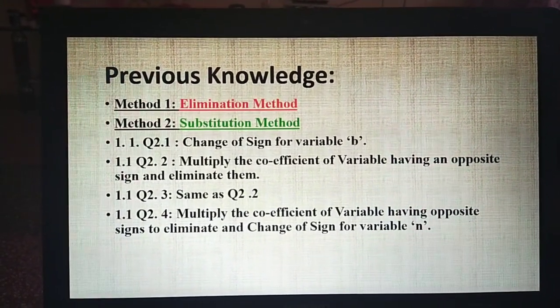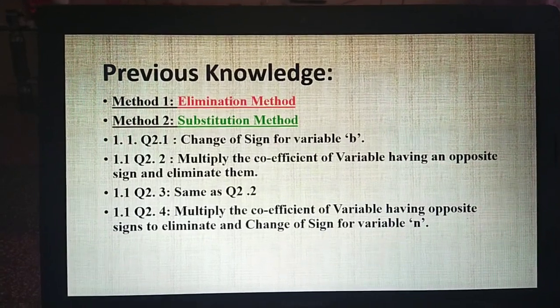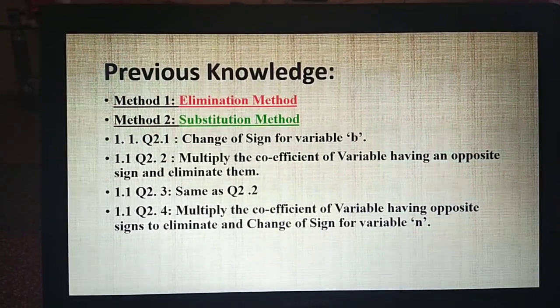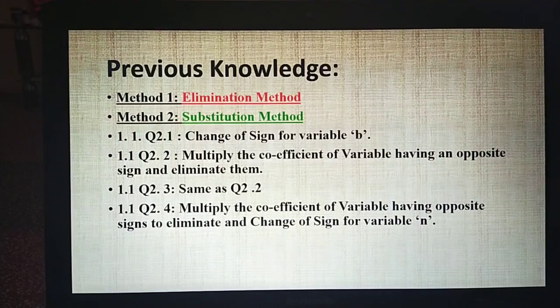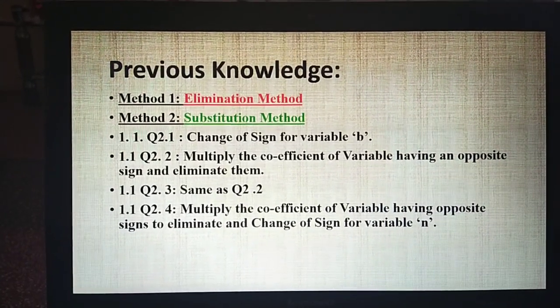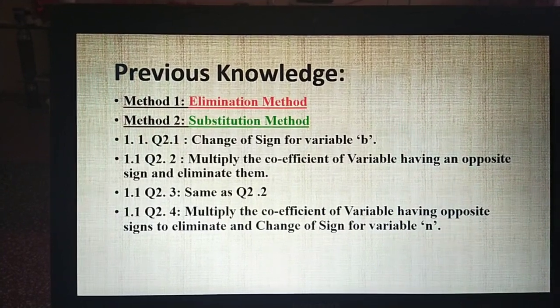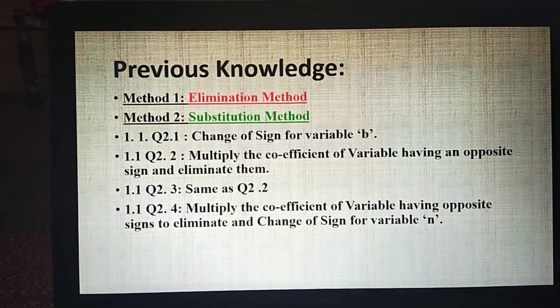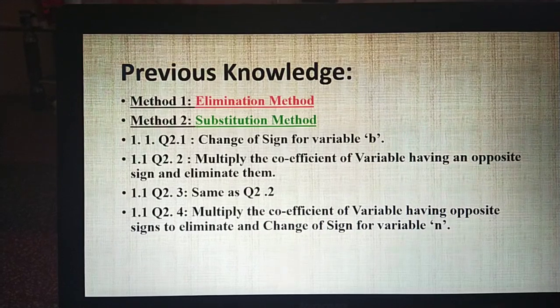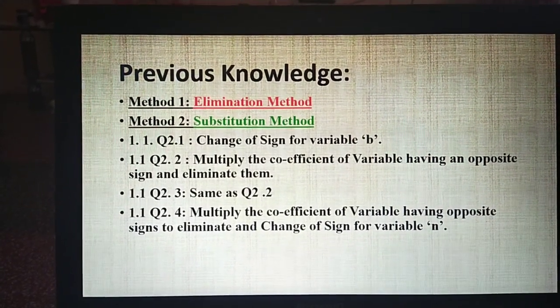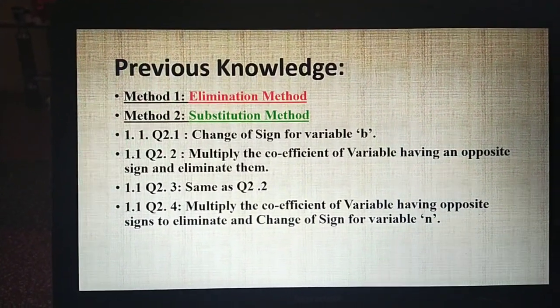Question number 4 of the same exercise. Multiply the coefficient of variable having opposite signs to eliminate, and then we need to change the sign for variable n. So that question was we had to find solutions for variable m and variable n.